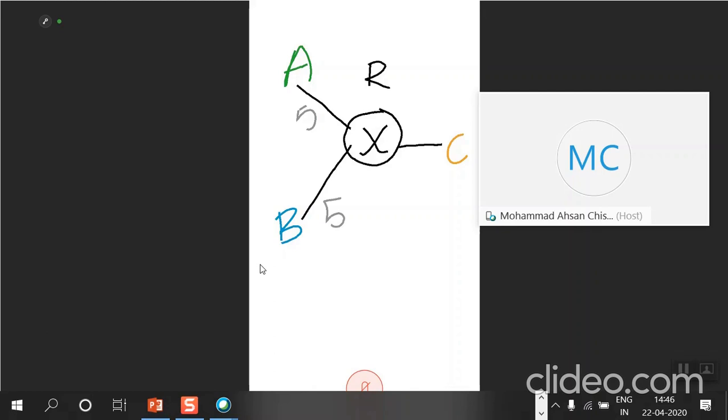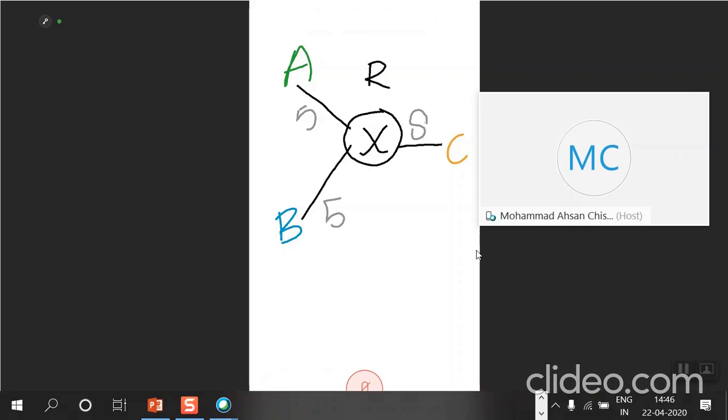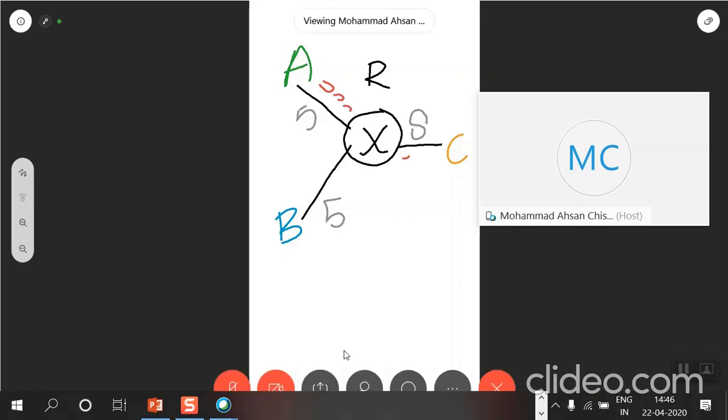And the link between R and C is 8 Mbps. Now what can happen here is A starts transmission of packets. Fine, as long as A is transmitting at the rate of 5 and the transmission capacity of R and C is 8, there's no issue.